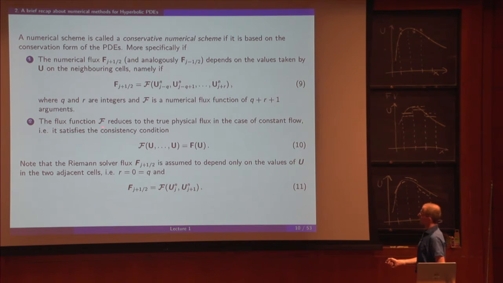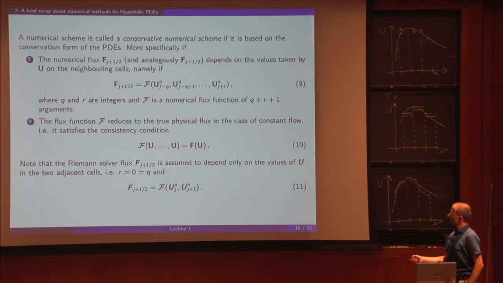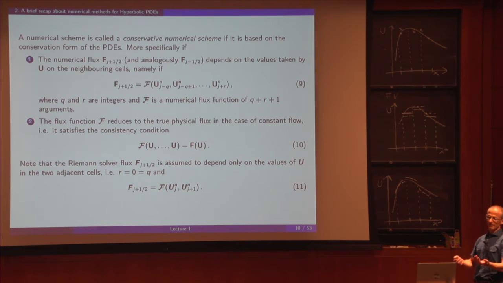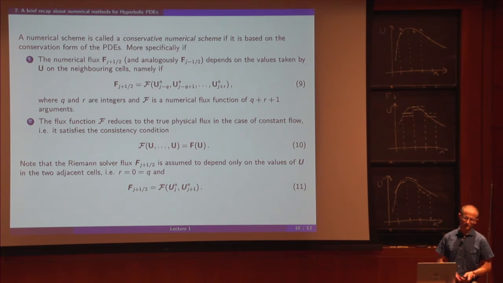And the second is a sort of consistency condition: if the quantity U is constant and is plugged into this numerical flux function, it must give you back the physical flux. For example, note that the Riemann solver flux, which involves just the left and the right states, fulfills the first condition and also the second one. And so our Riemann solvers are indeed providing an example of conservative numerical schemes. Let's say they are a building block of our conservative numerical scheme.